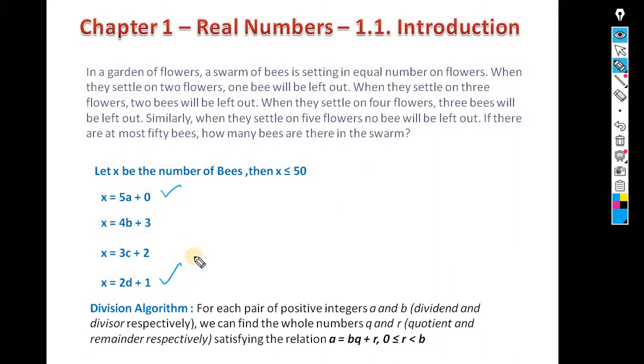If you look at these two formulas here, whenever I divide that particular value, in the first expression I am getting the value 0 as a remainder, and here it is 1. So when you get a remainder as 1, that means the value should be odd number multiples.